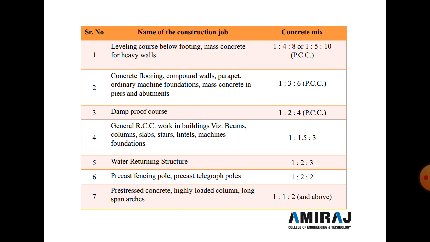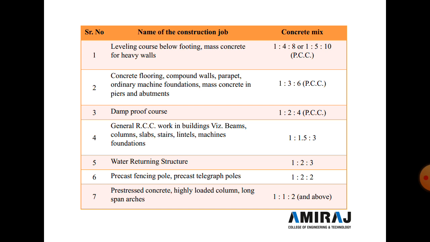Next, concrete flooring, compound wall, parapet wall, ordinary machine foundation, and mass concrete in piers and abutments. Here plain cement concrete of 1:3:6 is required. The third construction job is damp proof course. Here the DPC concrete mix ratio is 1:2:4, which is simple PCC.